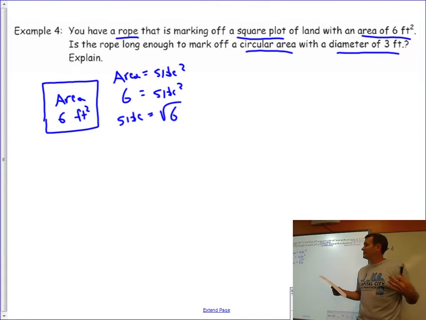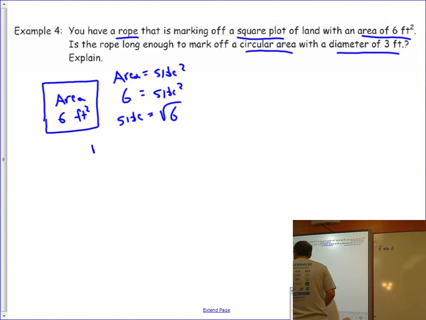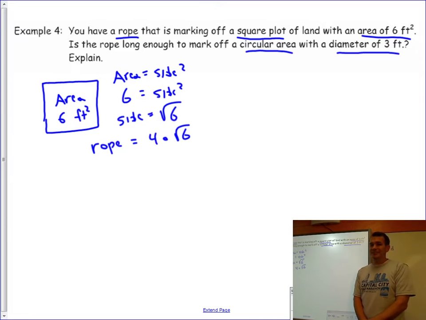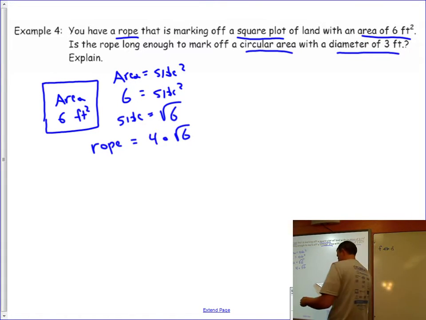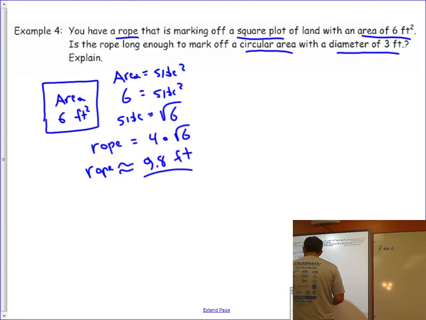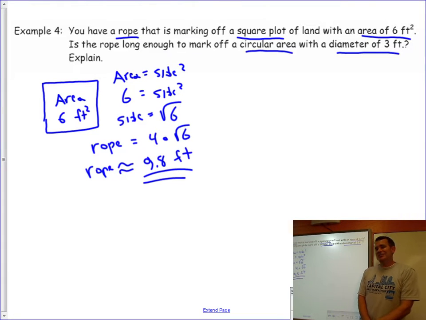And since the square has 4 sides, then the rope is going to equal 4 times the square root of 6. So I type in the square root of 6 to my calculator and I multiply it by 4. And it's an irrational number, but it turns out to be about 9.8 feet.